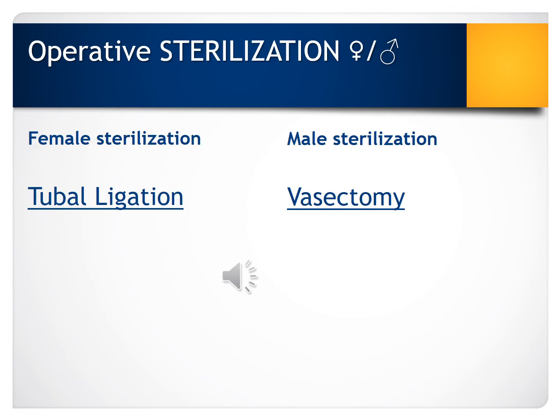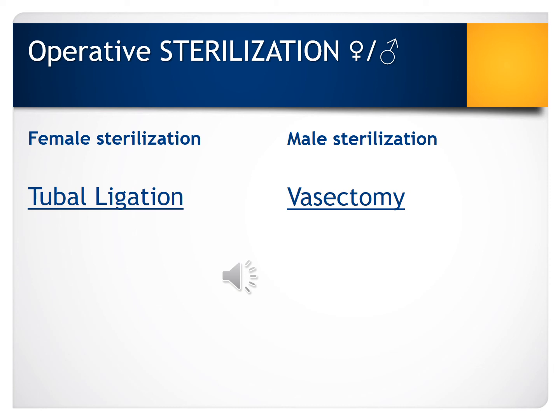Now we'll talk about permanent sterilization in the forms of tubal ligation, vasectomy, and a procedure called Essure. First, we'll talk about the two operative sterilizations: tubal ligation for females and vasectomy for males. With all of these types of sterilization, the goal is to prevent pregnancy permanently.